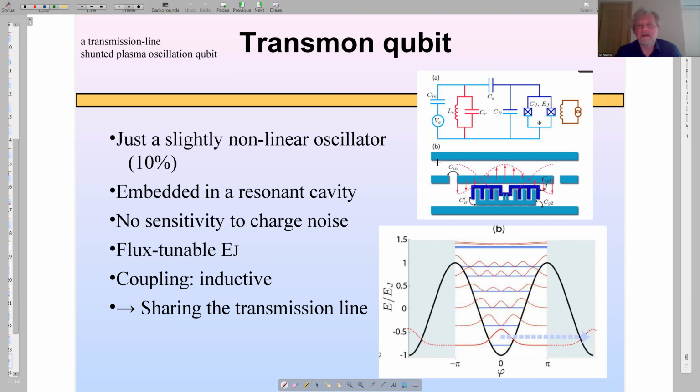And this is the environment of a cavity or transmission line, which has some resonant frequencies which are close to the resonant frequencies of the qubit. The heart of the transmon, this Josephson junction, is again a Josephson junction, but the ratio of Josephson and charging energy would be around 50.